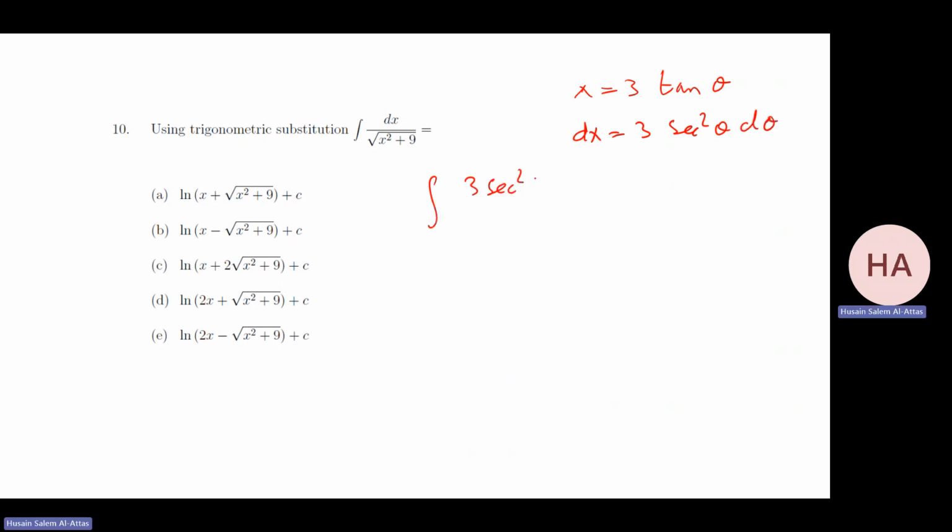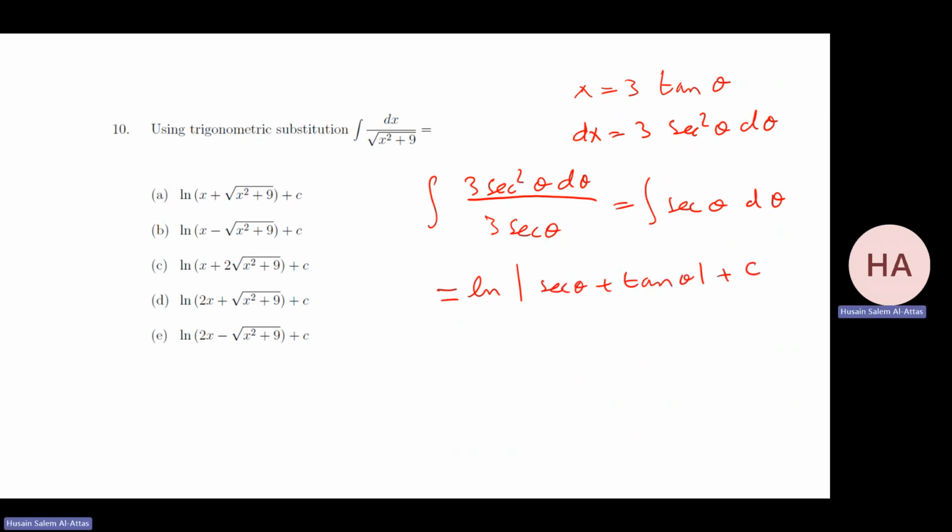That will be 3 secant squared theta d theta over 9 times tan squared plus 1, which is 9 secant squared. That will be 3 secant theta. And that will be the integral of secant theta d theta, which is ln secant theta plus tan theta plus c.